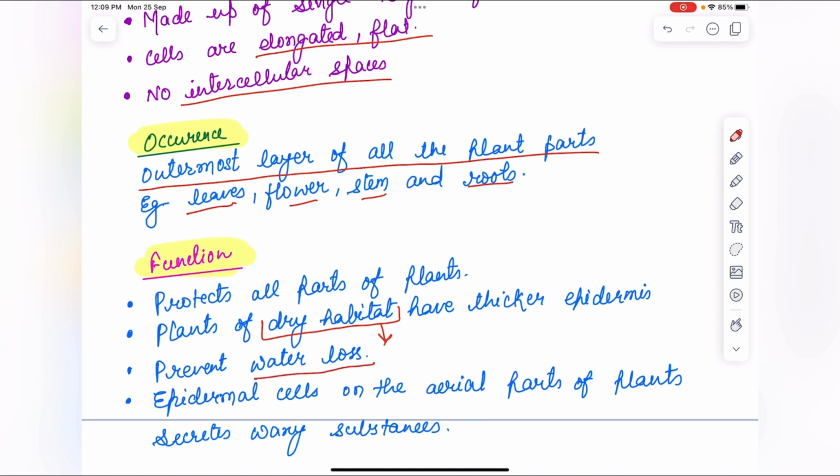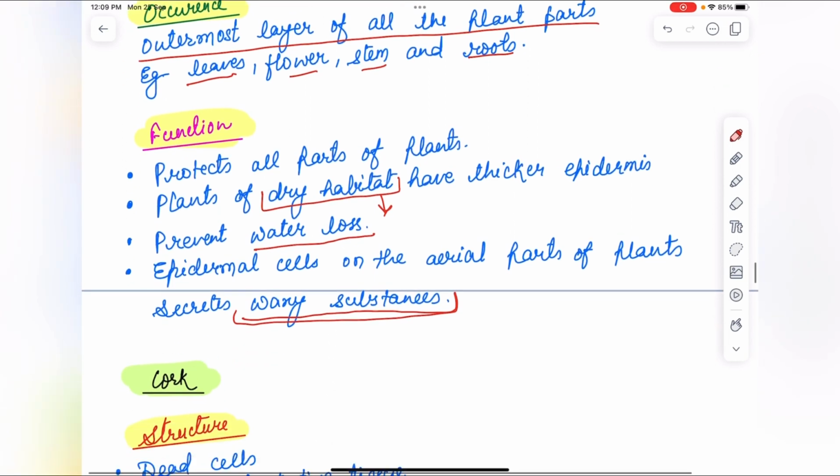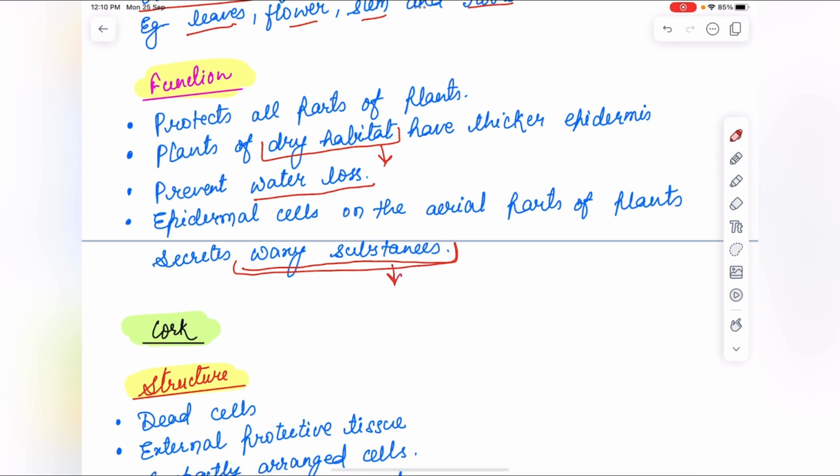Epidermal cells on the aerial part of the plant secrete waxy substances. So the aerial part will secrete waxy substances for protection. This waxy substance prevents water loss, injury, and fungal infection.